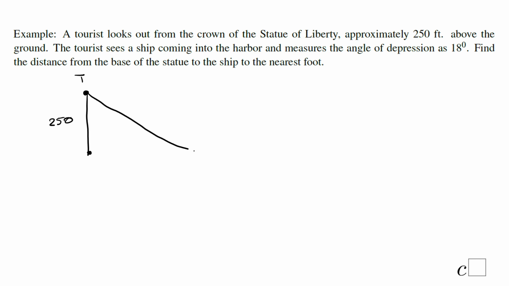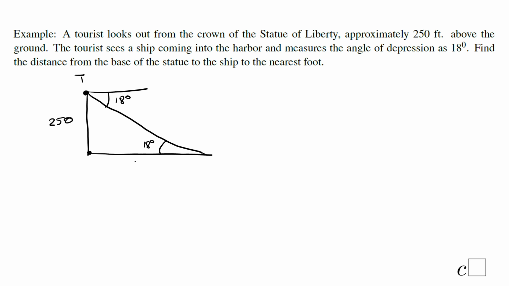So now you need to be careful. This is the angle that is 18 degrees. But you notice I drew another triangle, and that means this angle here is 18 degrees because these two angles are alternate interior angles. Find the distance from the base of the statue to the ship to the nearest foot.